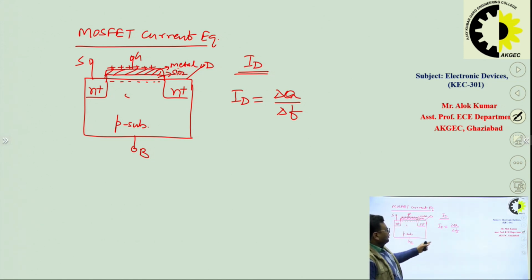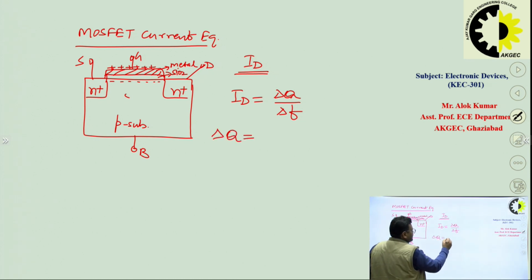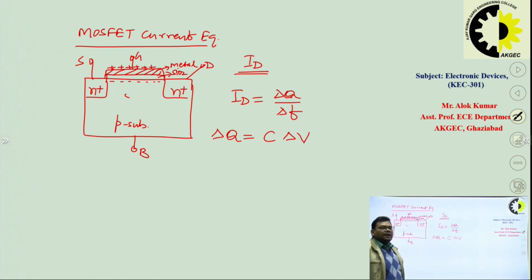So, if we want to find out this delta Q, it can be written as C into delta V, right. What is the value of this capacitance C? It should be the gate capacitance Cg. So, Cg into delta V. Now, what will be the value of Cg?